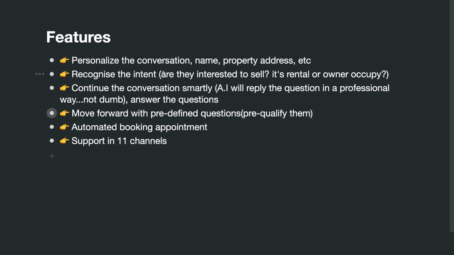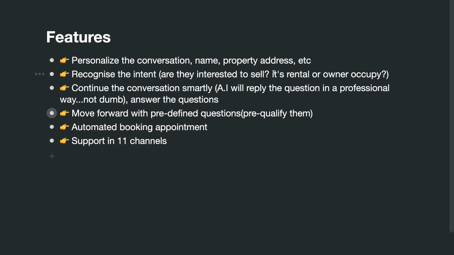In the middle of the conversation, the client's requirement may be to know whether the property is a rental or owner occupied, and they have different questions depending on the category. The beauty is that the AI can know whether they are interested in selling. If they are not interested, the conversation will be stopped, and no money will be wasted on the following messages.